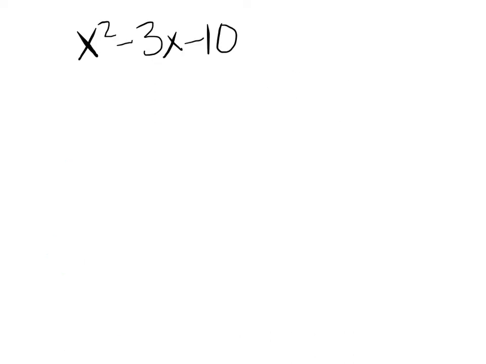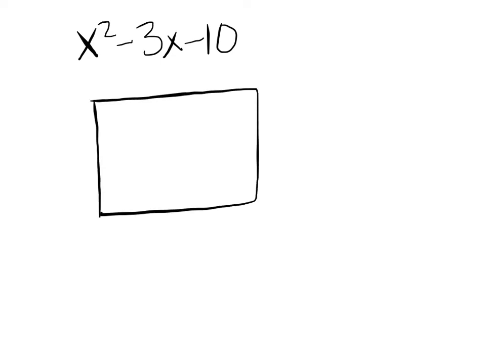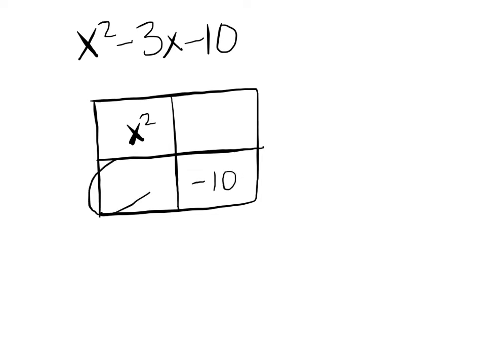Now let's see about factoring x squared minus 3x minus 10. This is where things get a little bit trickier because we're dealing with negative numbers. I'm going to draw my rectangle again and get it all set up so I can see what I'm working with. I've got x squared in the top, I've got negative 10 in the bottom, and I know that together these need to add up to be negative 3x.